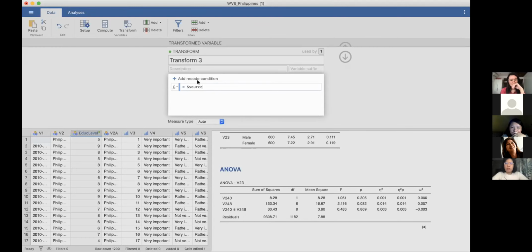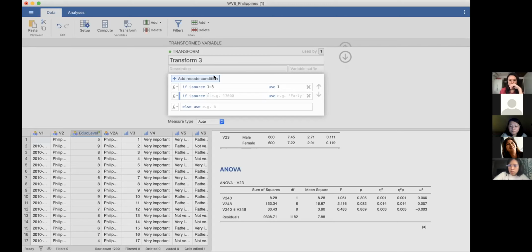All right, okay, now let's click the use transform button, specifically the create new transformation. Okay, we'll click add recode condition. Okay. So here, what we will do is if the command here is if v248 is between 1 to 3, use 1. Okay, click add recode again.